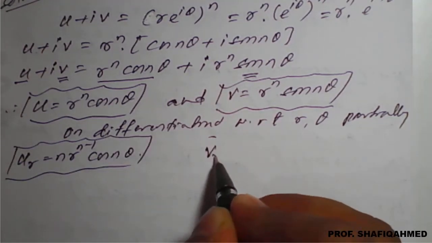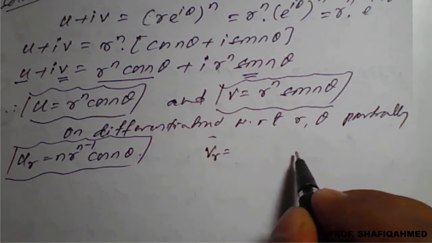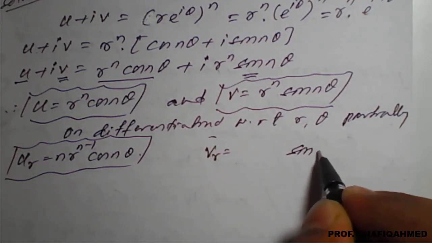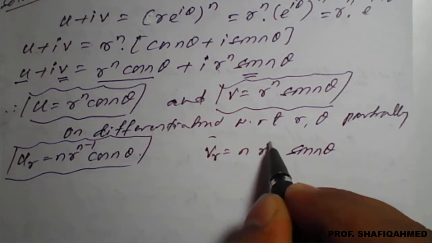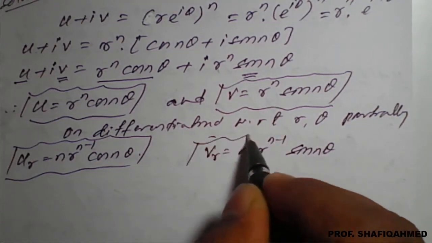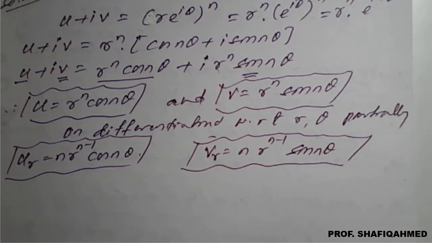Similarly v r: the derivative of v with respect to r, keep sine of n theta as it is, and the derivative of r raised to n is n into r raised to n minus 1. So we got the partial derivatives of u and v with respect to r.